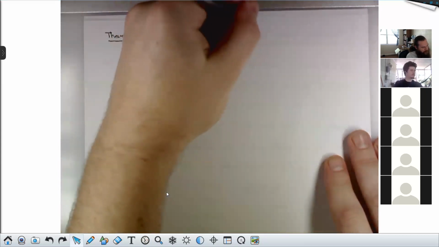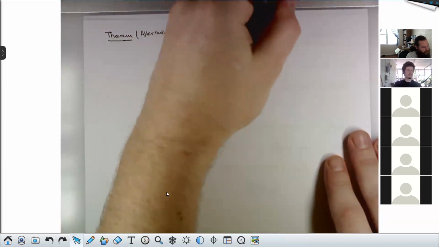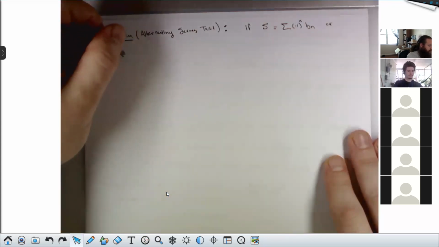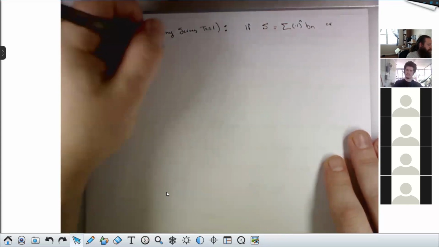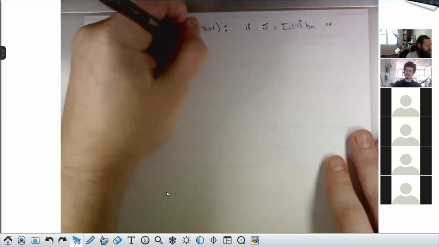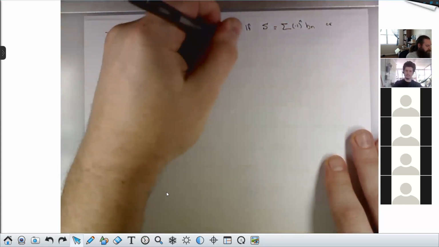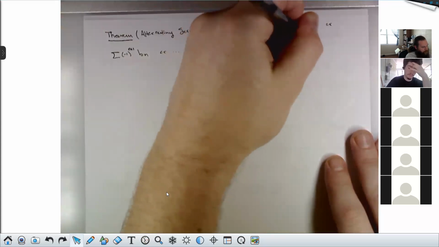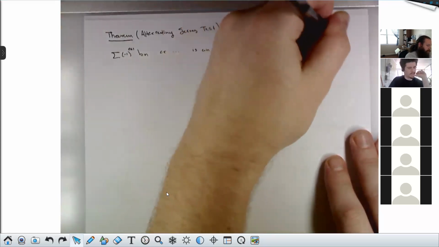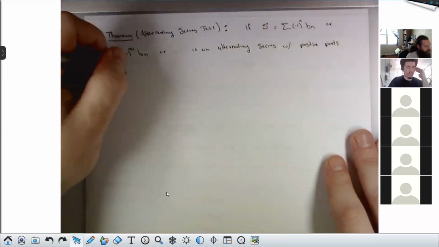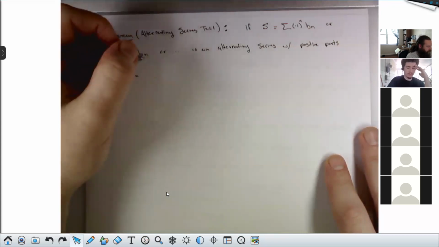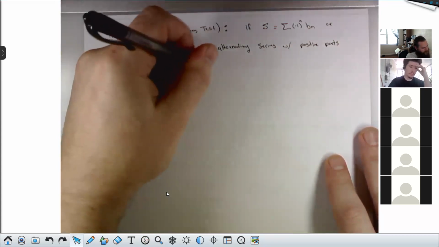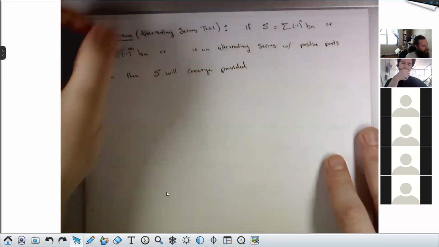It says if S equals sigma (-1)^n times Bn, or sigma (-1)^(n+1) times Bn, or whatever, is an alternating series with positive parts Bn, then S will converge provided two things are true.